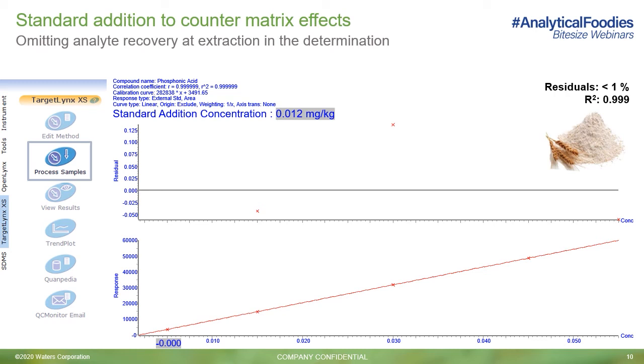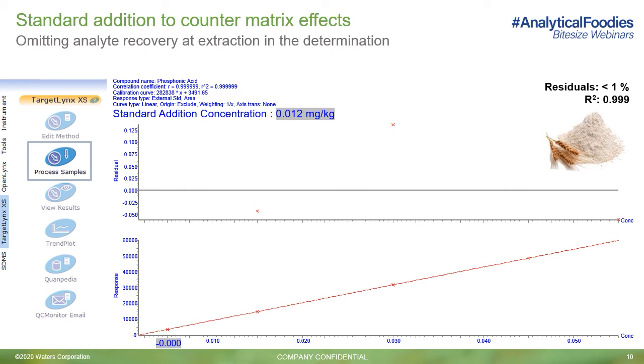Just like all the other calibration types discussed, this standard addition fit can be plotted automatically by targeting software. An example is shown for phosphonic acid in wheat flour, where an incurred residue was detected and estimated during initial analysis. Knowing the extraction method yields acceptable recovery of phosphonic acid, we aliquoted the previously extracted matrix sample rather than re-preparing the sample as procedural calibrants.